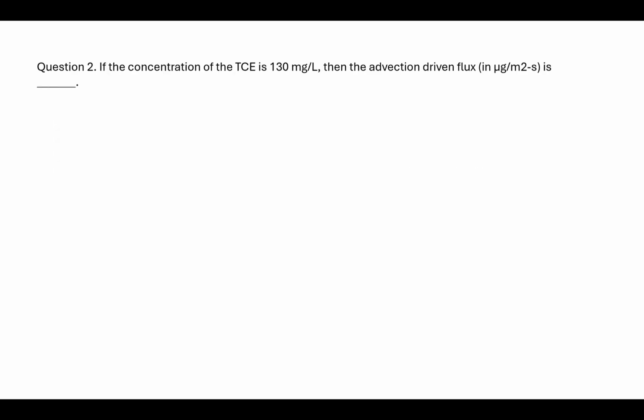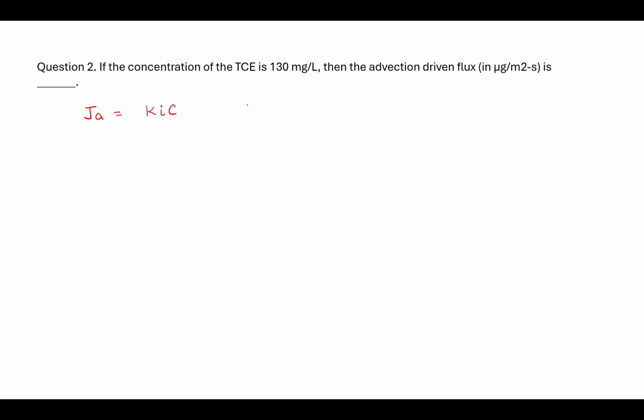The question is: if the concentration of TCE is 130 milligram per liter, then the advection driven flux is given by. So the flux due to advection is given by KIC. K is the hydraulic conductivity, I is the hydraulic gradient, and C is the concentration.